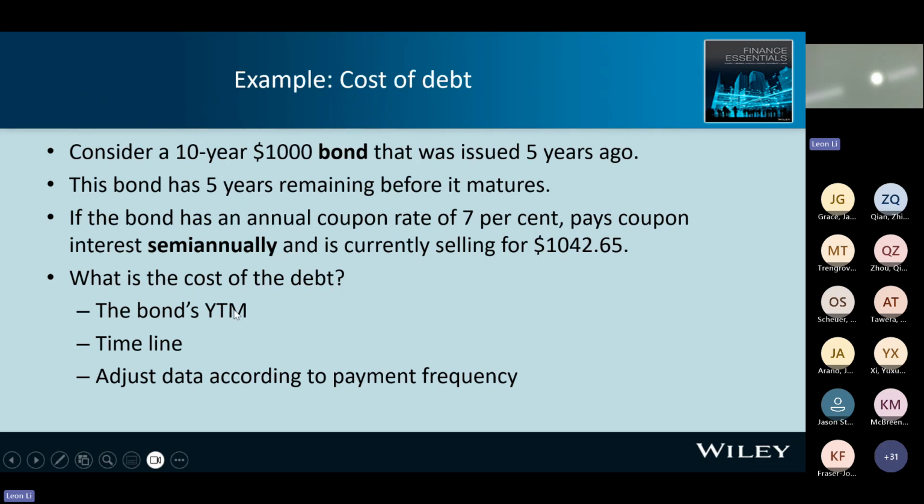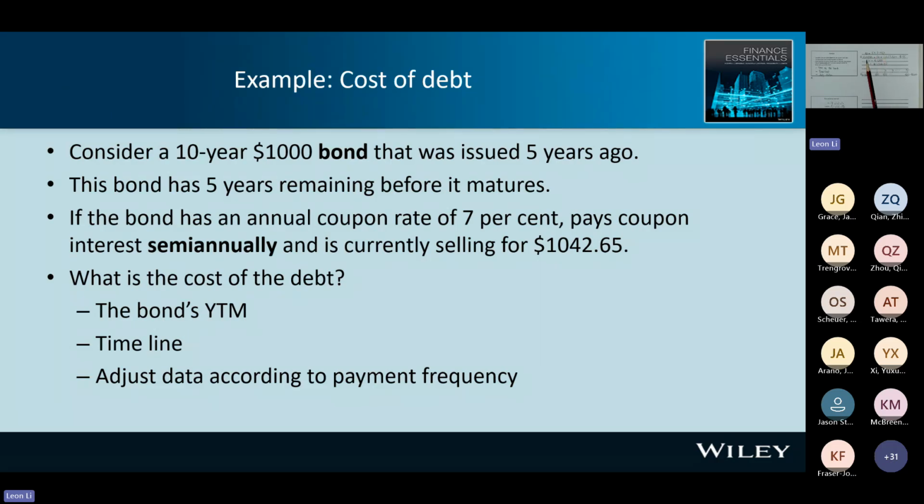To calculate the bond's YTM, I know I need to hand draw the timeline and adjust the data according to payment frequency. All right, so let me show you how I do that. So the bond's time to maturity is 5 years, but the number of periods will be 5 times 2, because the coupon is paid semi-annually.